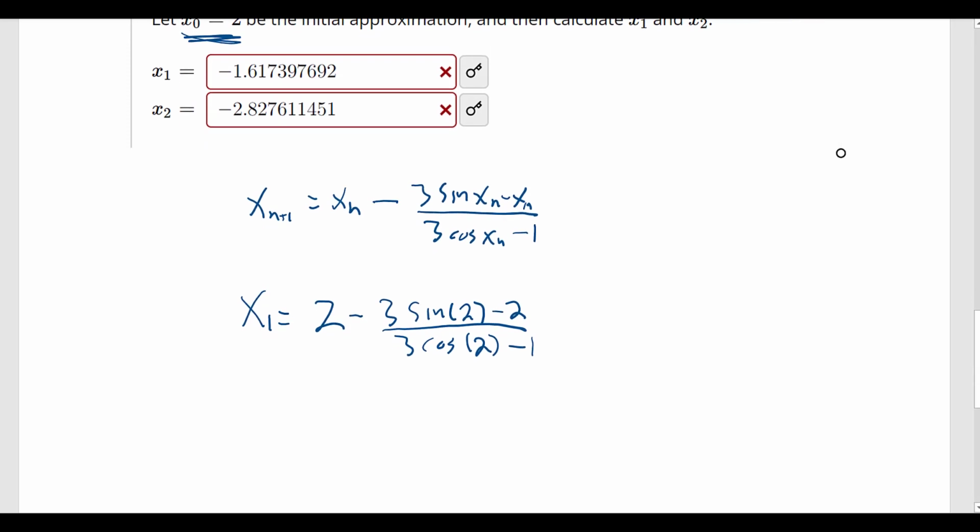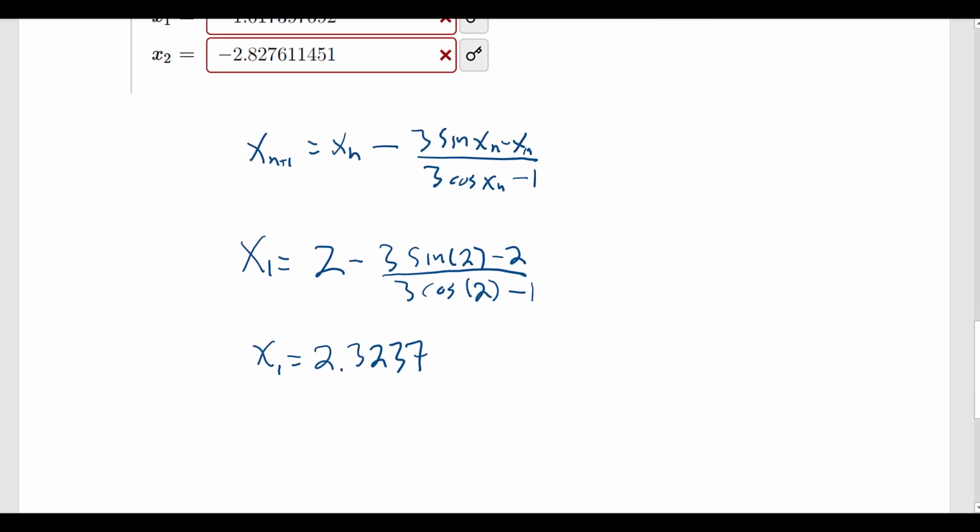When I do this, I'm going to make sure my calculator is in radian mode because there are no degrees shown, so radians are implied. Let me get out my handy dandy calculator. From that I get 2.3237, going to 4 places. I'll save that value in my calculator for the next iteration.